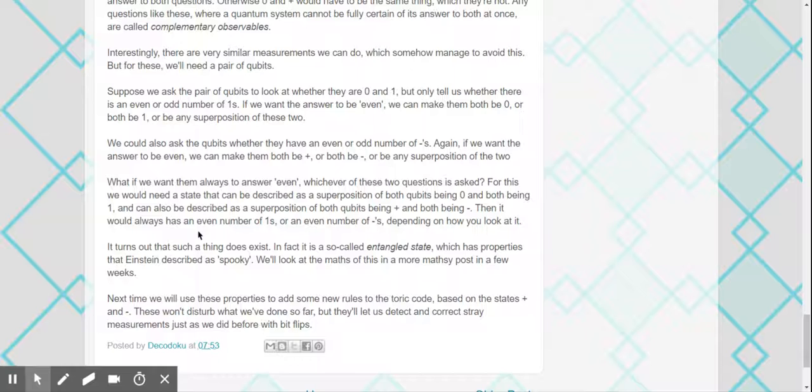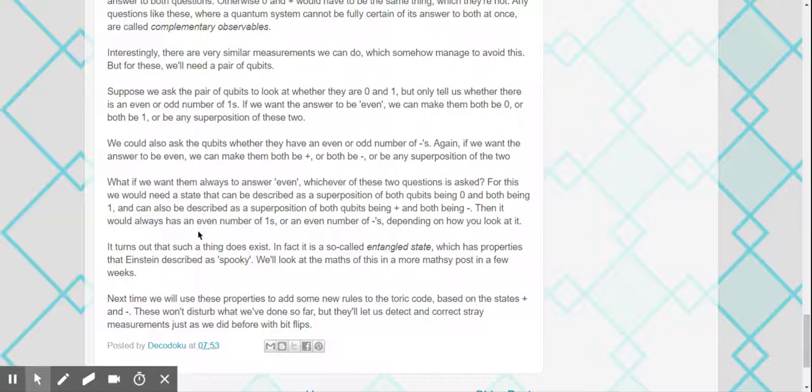For this, we need a so-called entangled state, which has properties Einstein described as spooky. We'll look at the maths of this more in the maths post in a few weeks.